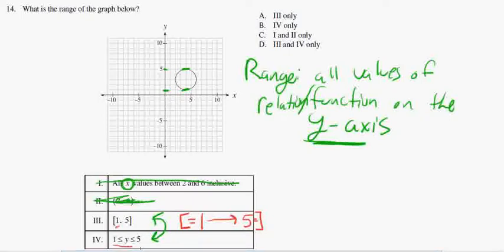This one here says that y is greater than or equal to 1, which it is, but less than or equal to 5, which again, it is from the graph. So, our answer is going to be D.